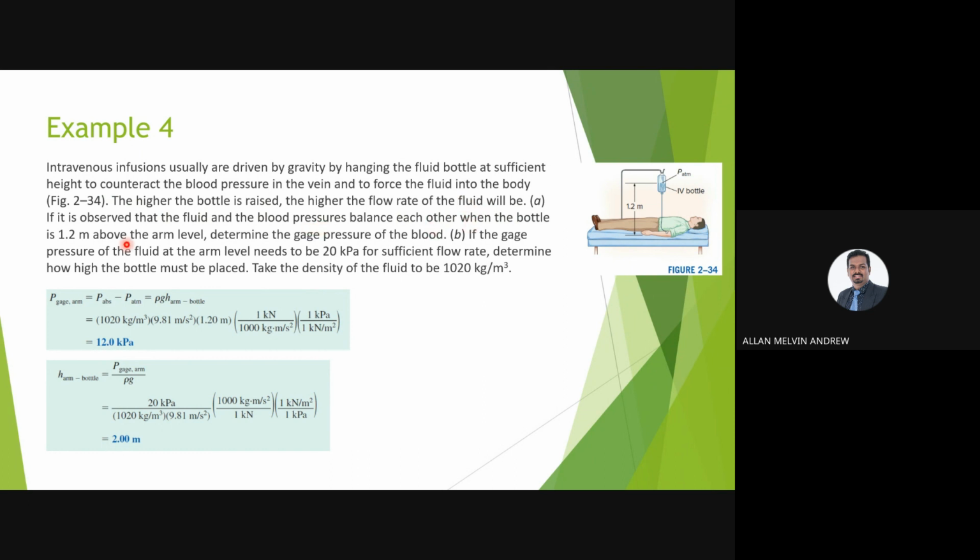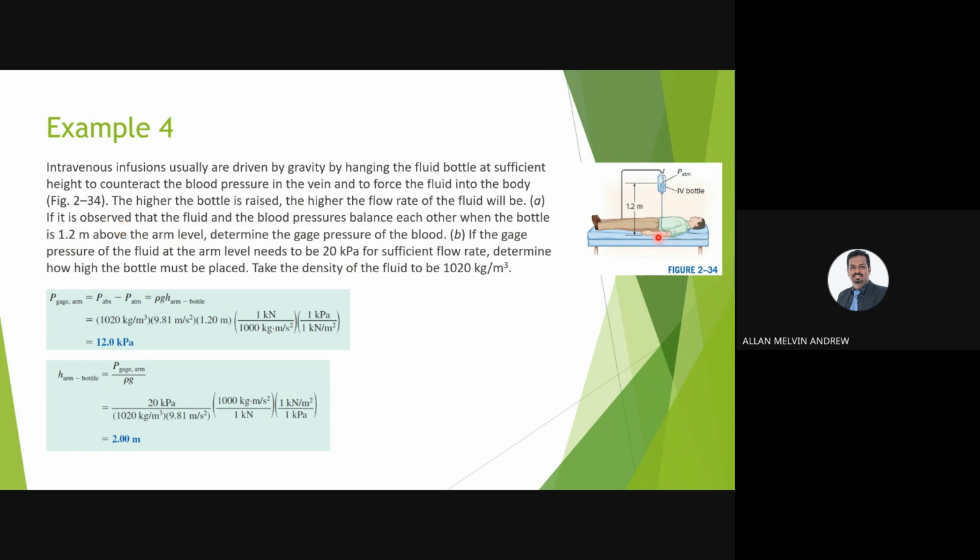If it is observed that the fluid and the blood pressures balance each other when the bottle is at 1.2 meter above the arm level, meaning at 1.2 meters the fluid pressure and the blood pressure are the same.